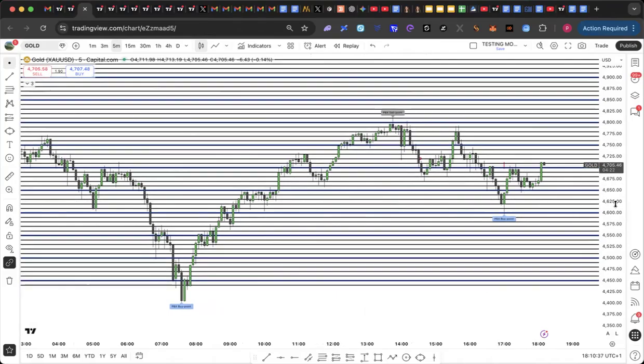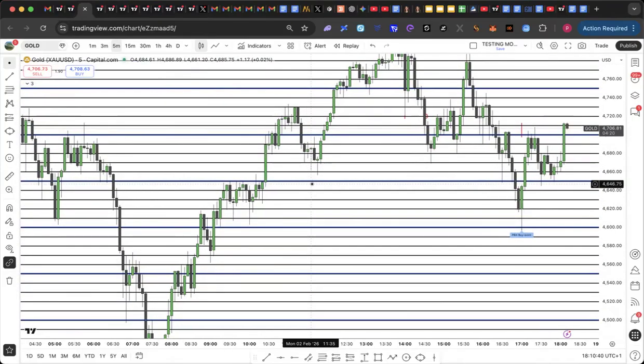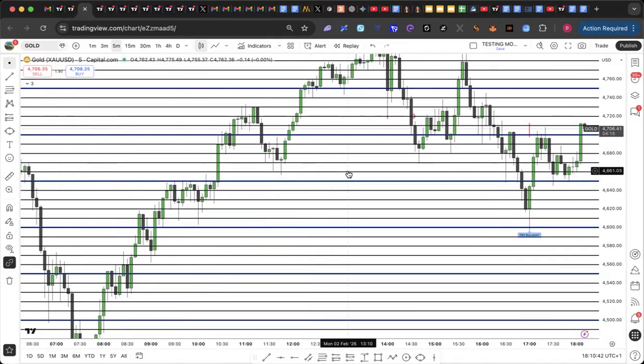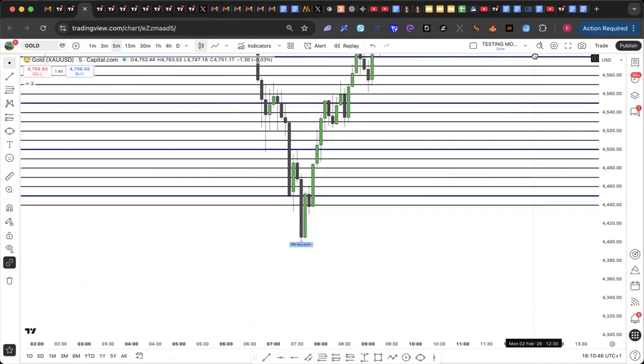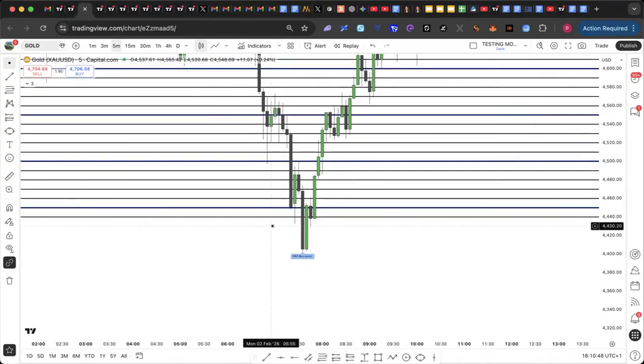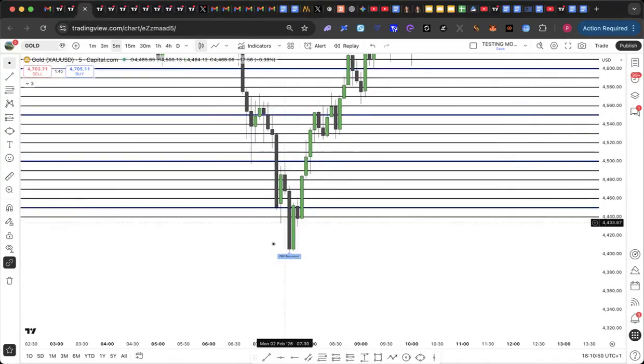Now, this is the thing I'm trying to explain to you when I talk about time synchronization. I've told you if you're on 15 minutes, just stay and wait for a quality setup to come to you. Now, look at this 5-minute time frame. Look at this signal. Massive drop, and then it told you that this massive drop had returned back to this range.